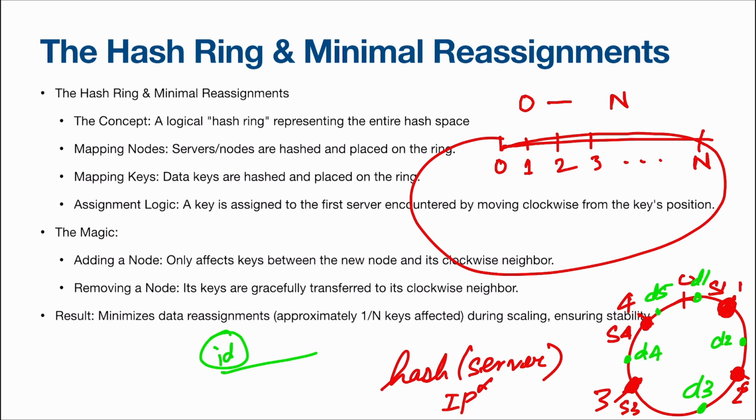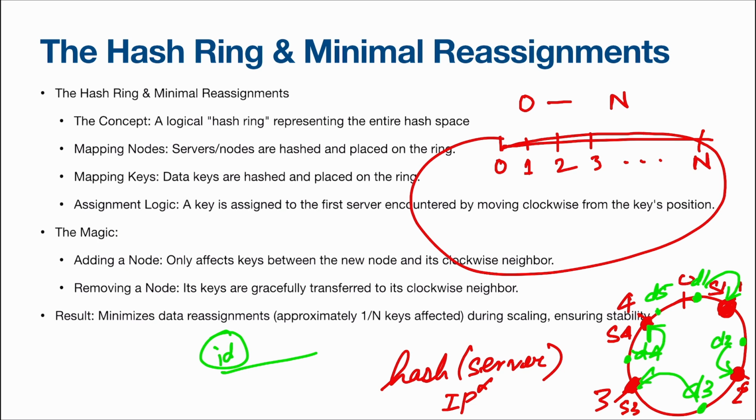The strategy is that we start with a data point, and then we store the data on the first server we encounter when we move clockwise from the data point. So if we start clockwise from D1, we'll encounter S1. From D2, we'll encounter S2, D3 goes to S3, and D4 goes to S4.